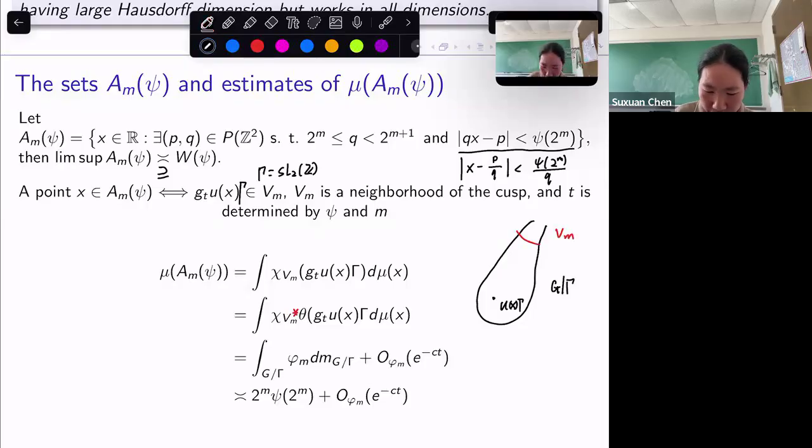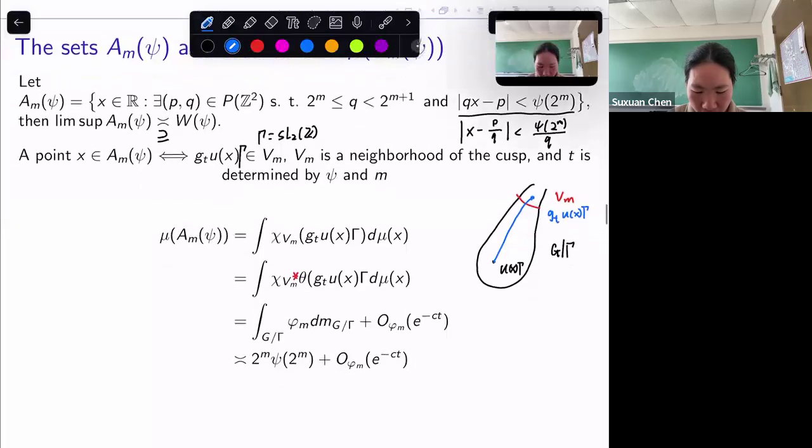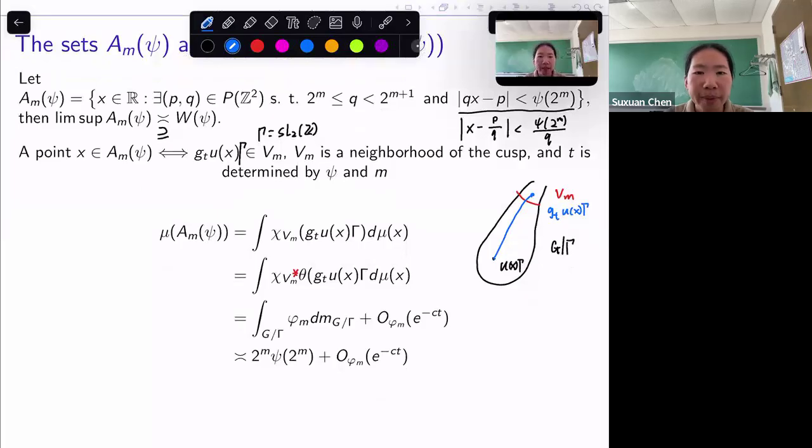And after flowing by g_t, we want this point g_t u_x Gamma to be inside V_m. And it's a well-established connection between number theory and homogeneous dynamics. And by using this relation, we can estimate the measure of A_m(psi).